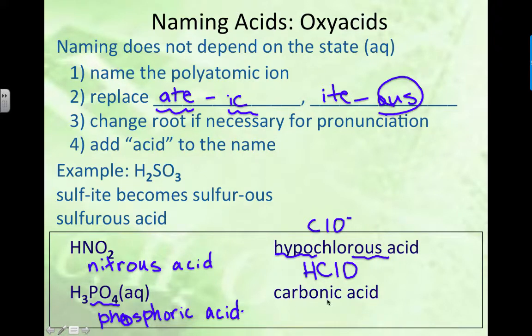Carbonic acid doesn't have any prefix, it's just got this -ic ending. The -ic came from an -ate. What -ate makes carbonic acid? Must be carbonate. Carbonate is a 2- charge, so I know I need 2 hydrogens to make this balance out. H2CO3. So there's carbonic acid.